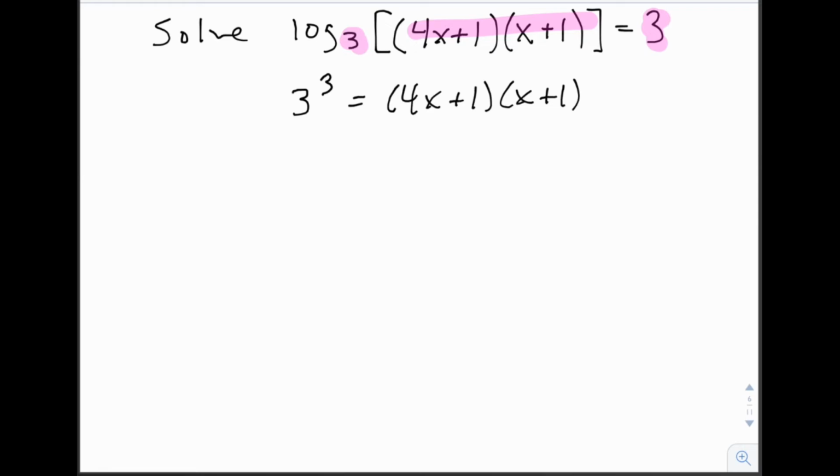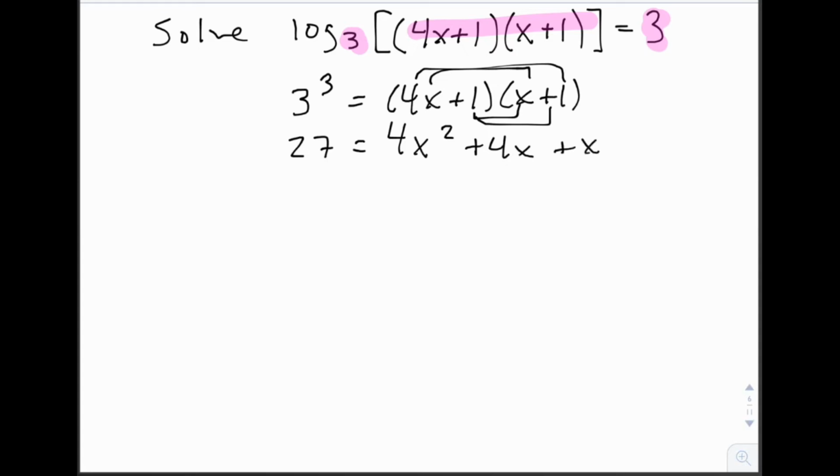So now all we need to do is multiply our right hand side out to solve for our x. This will give us 27 equal to 4x squared, and then finally plus 4x, and then we will have plus x, and then finally plus a 1.